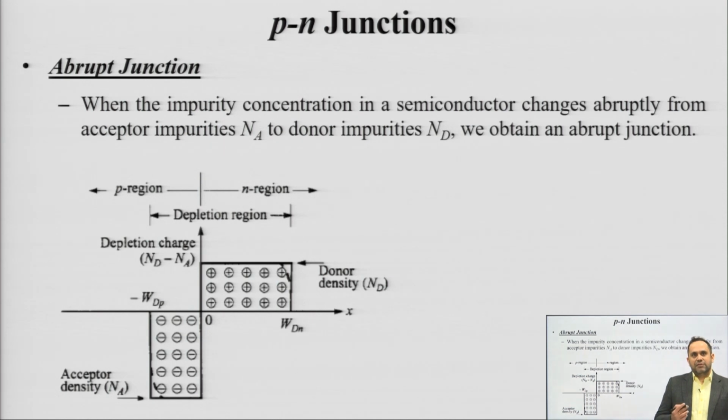Whenever we are transiting from one region to another, this transition is very sharp, very abrupt, and not graded. Whenever we cross the junction, we switch from one type of doping to another almost immediately.